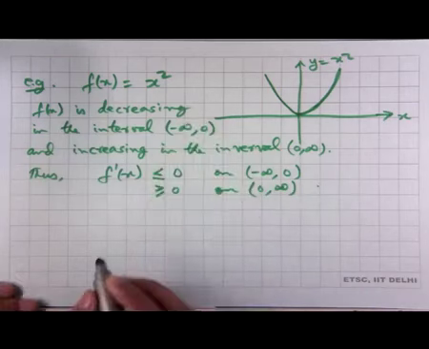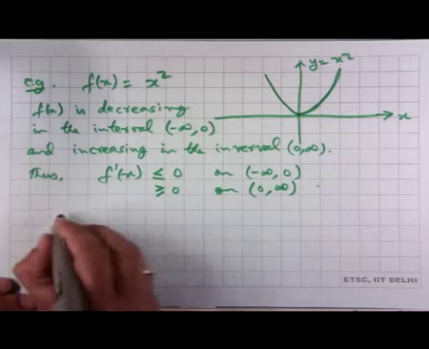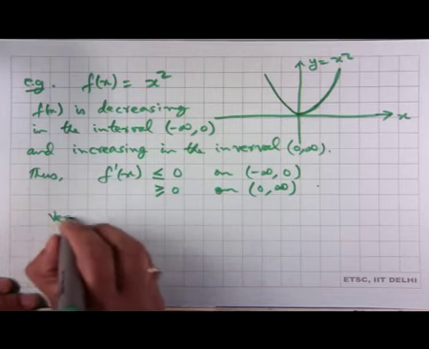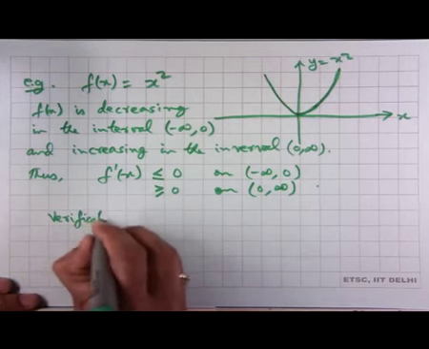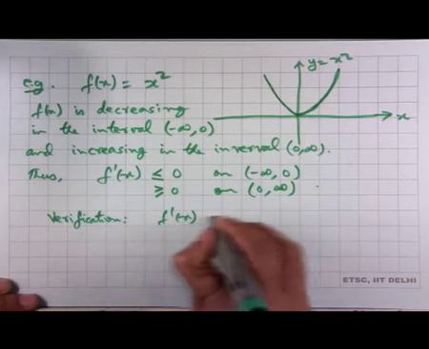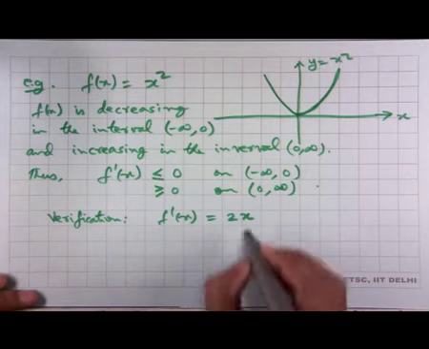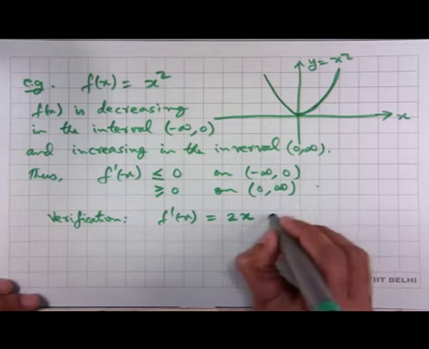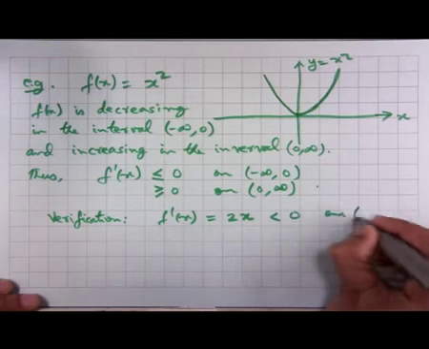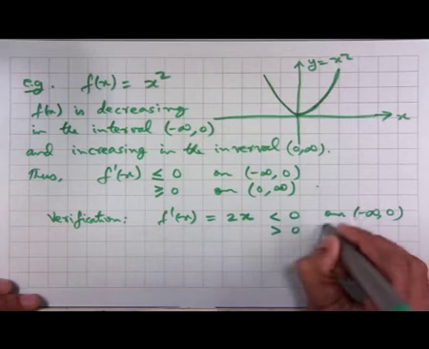Of course, here I can calculate the derivative directly. f prime x is equal to 2 x. If x is negative, this is less than 0 on minus infinity to 0, and this is greater than 0 on 0 to infinity.